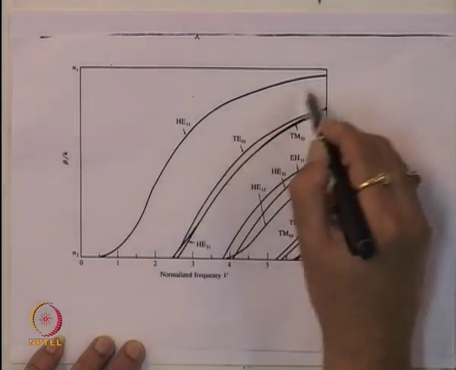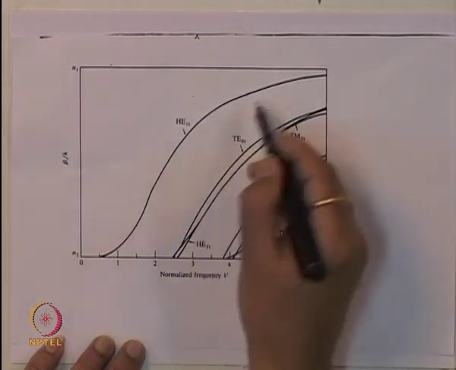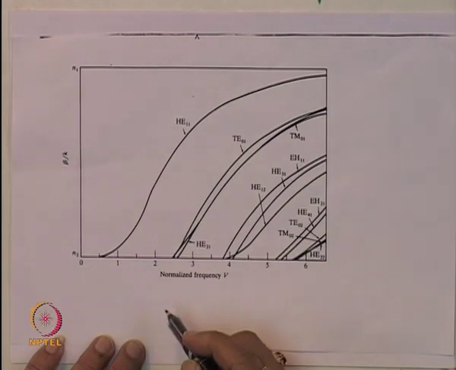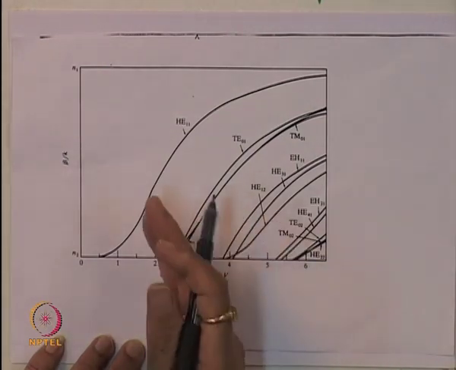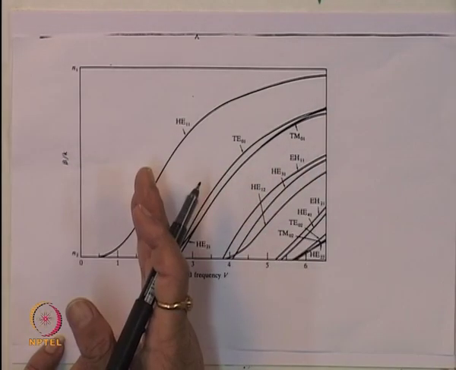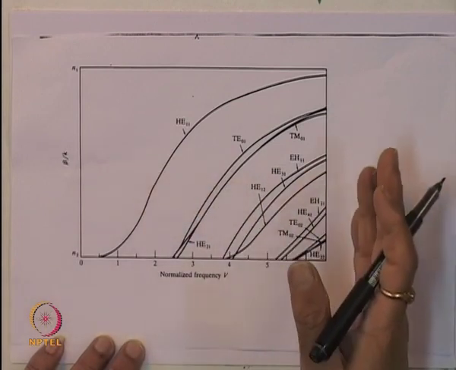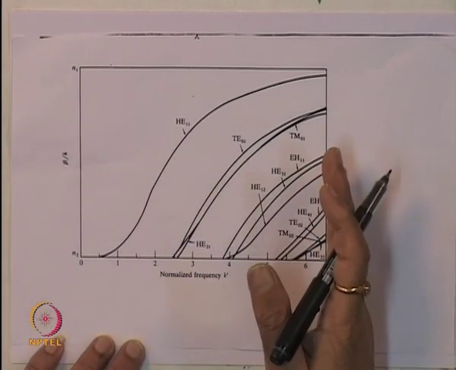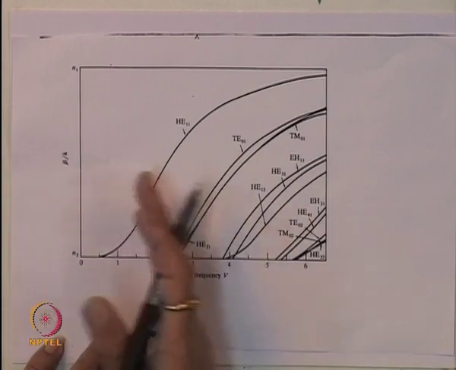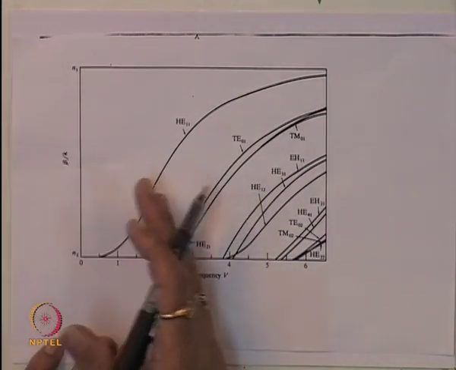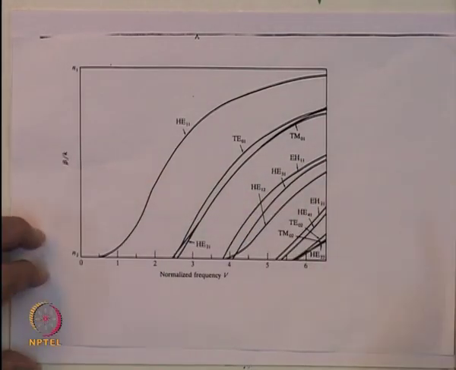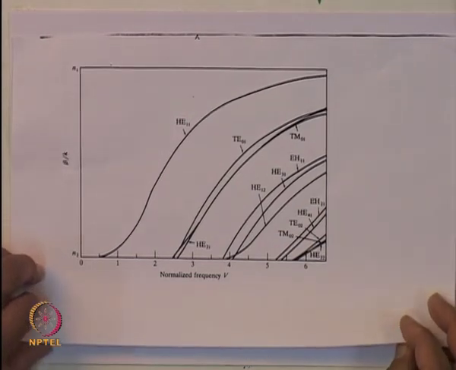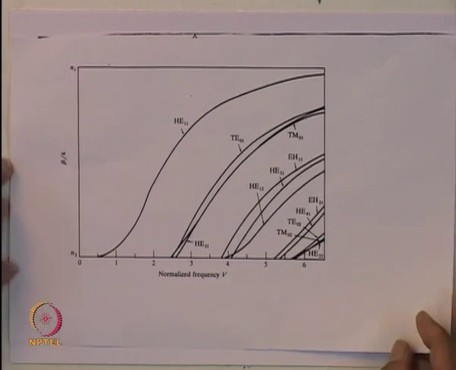There is only this one mode which is propagating. If I consider degeneracies, of course, I will get 2 modes. But the point is that when I make the V number small, then the expression V squared by 2 may not give an accurate result. And as the V number becomes larger and larger, you may get reasonably accurate results for the number of modes propagating in a multimode fiber.